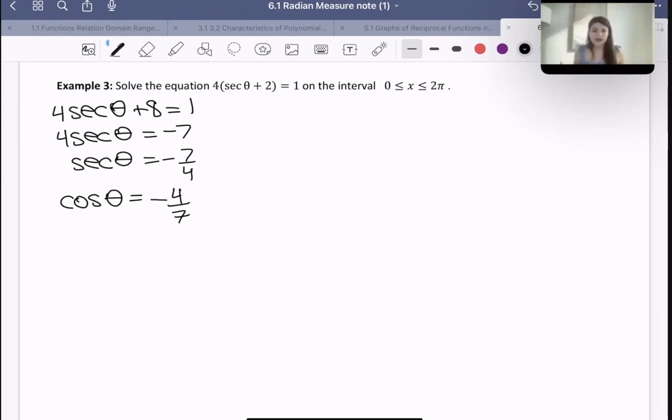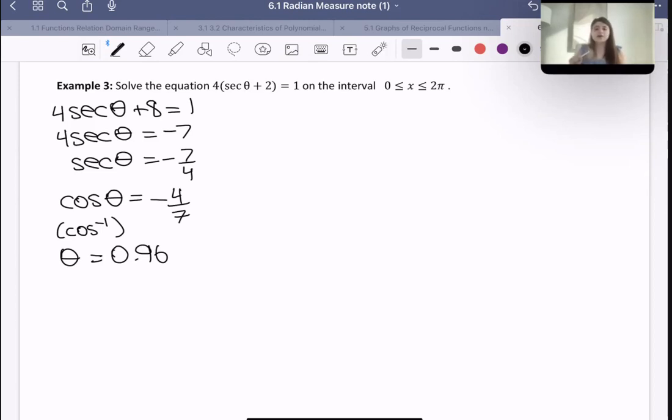Okay. So now let's figure out theta. Theta is going to be equal to 0.96 if we punch in, using our inverse cosine function, right? So if we look for cosine inverse on our calculator like that. Okay, perfect.